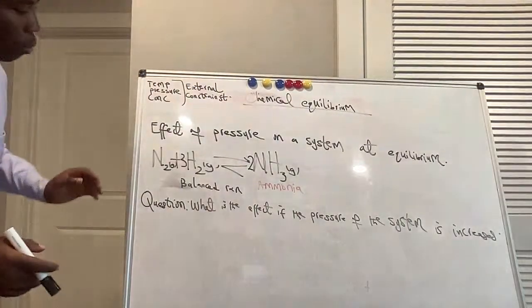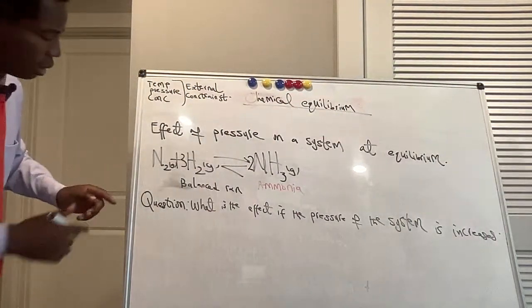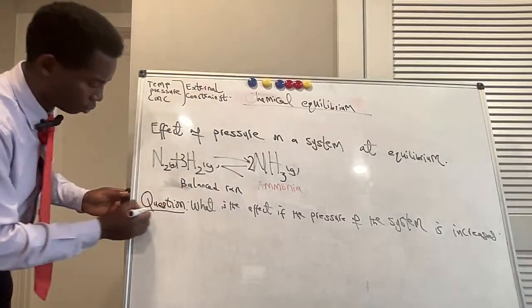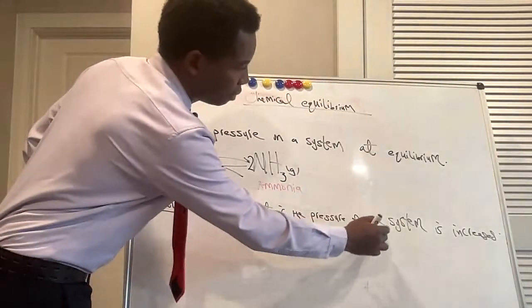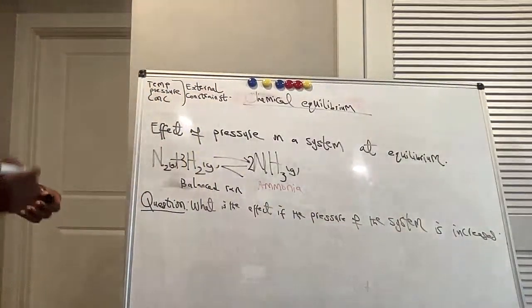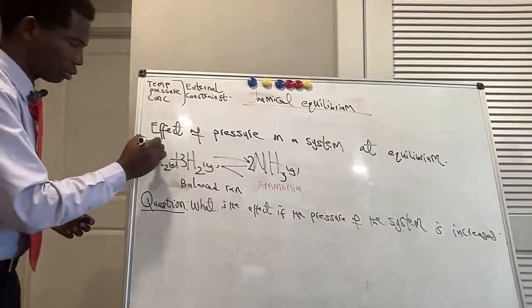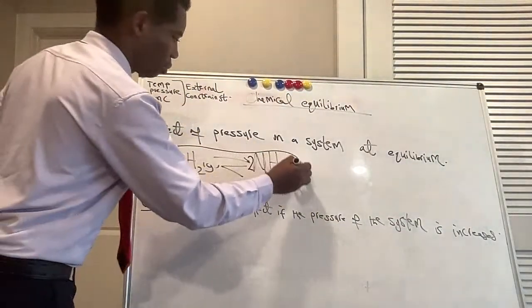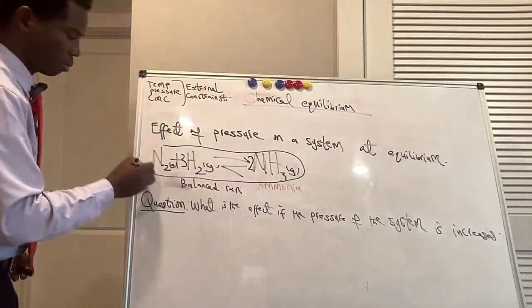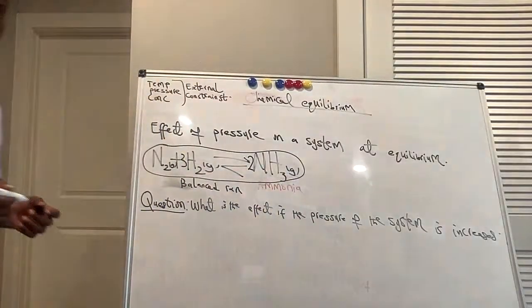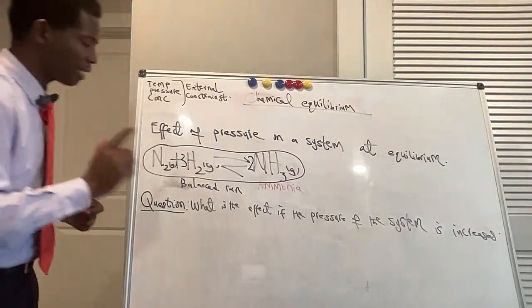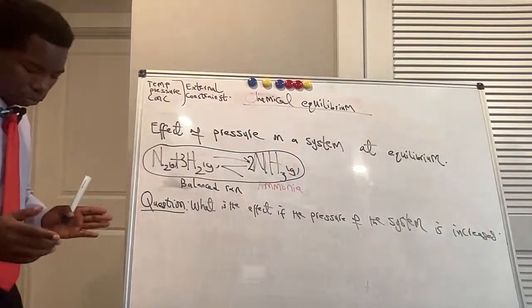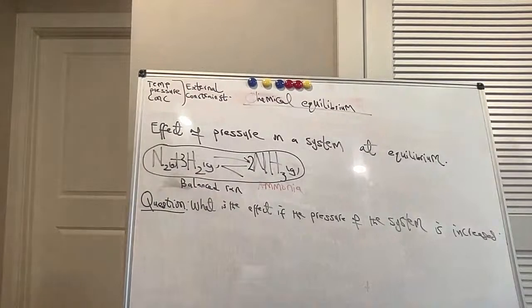Now, before we know what's going to happen, look at the question. What is the effect if the pressure of the system is increased in this reaction? Before we know the effect, we must write the number of moles for both reactant and product.